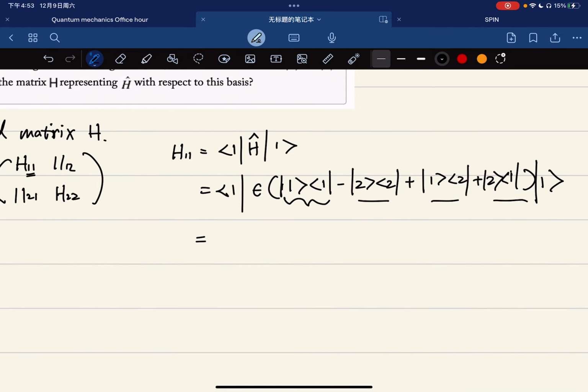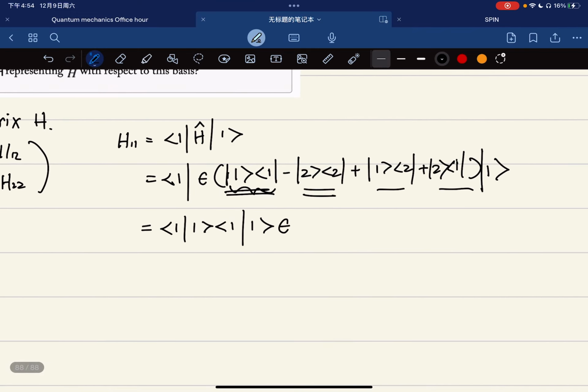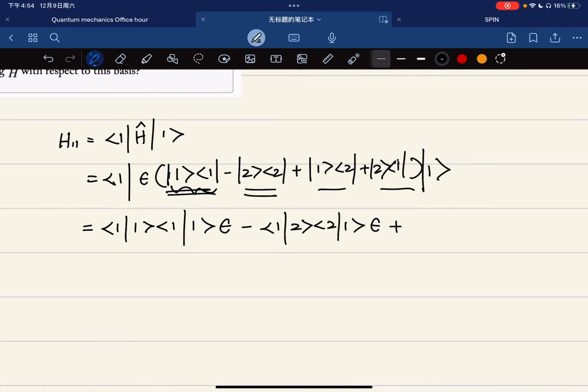So now I have one sandwich, the one I have here. And of course, I need to multiply by the small e, the constant. And I sandwich the second term, I will get this, multiplied by the small e, plus the third term, which is this one, 1, 1 here, 2, and 1.